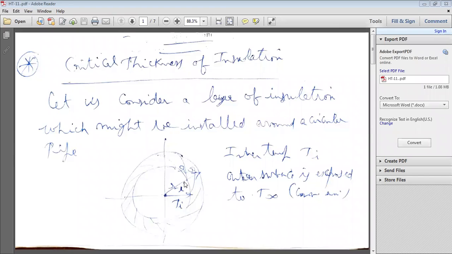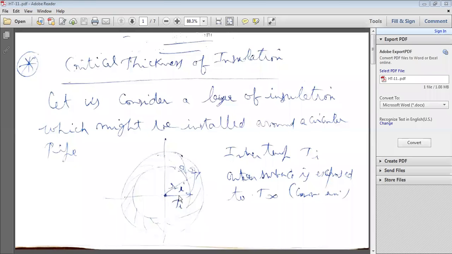Take a cylinder of inner radius Ri, or pipe radius R. Heat energy is flowing with the help of steam or hot water, and heat transfers along the radius. Sometimes the heat transfer to the environment is to be minimized, sometimes maximized, depending upon your application.